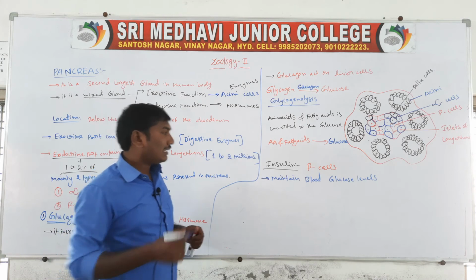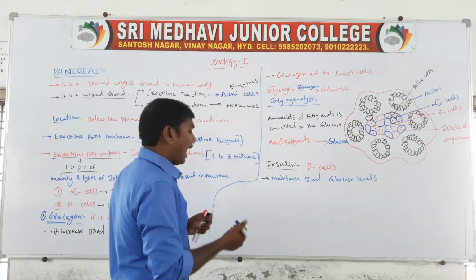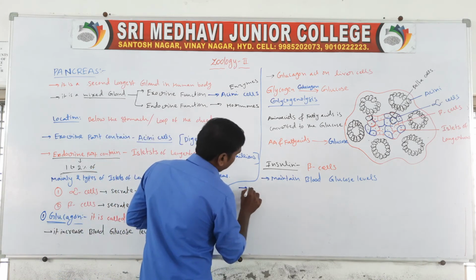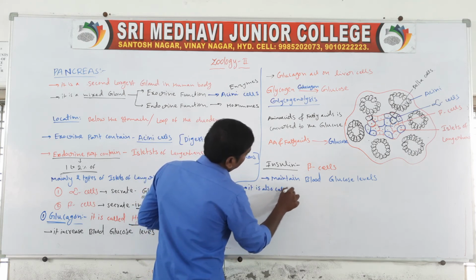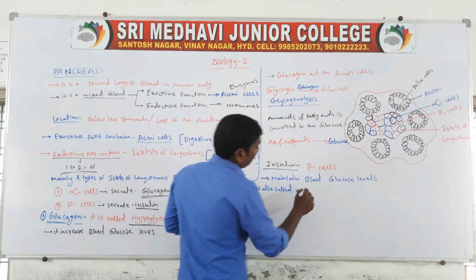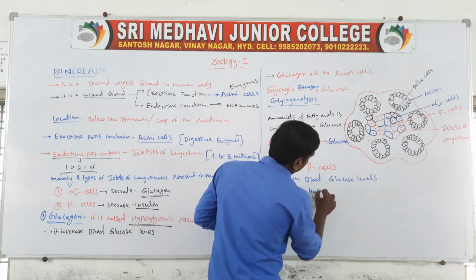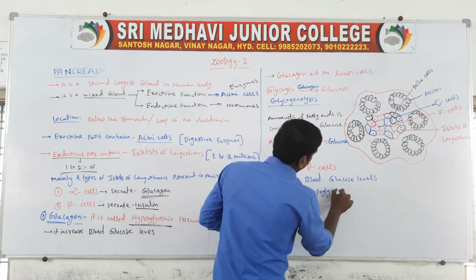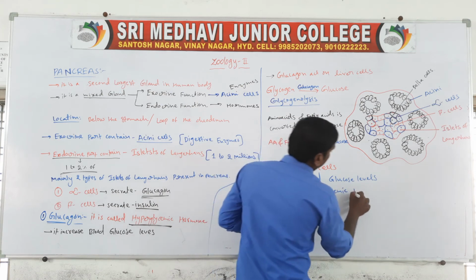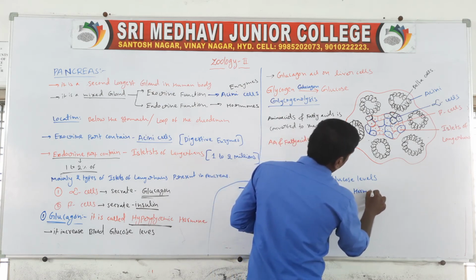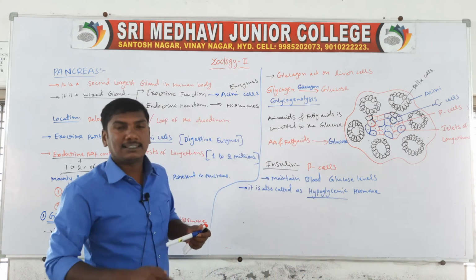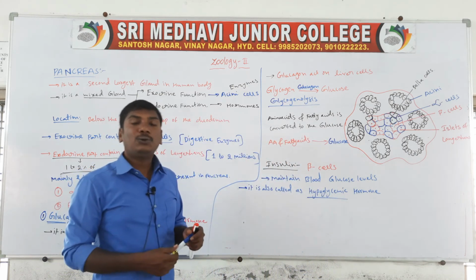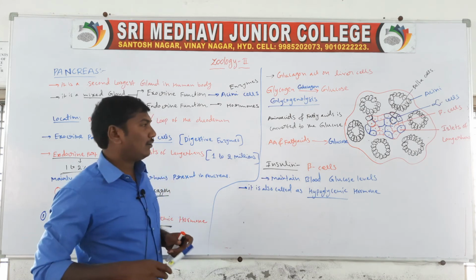This hormone is also called the hypoglycemic hormone. Hypo means less, so it decreases the blood glucose levels and maintains them.